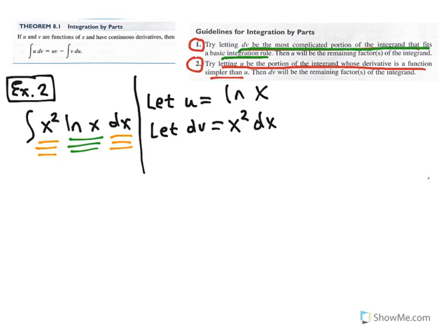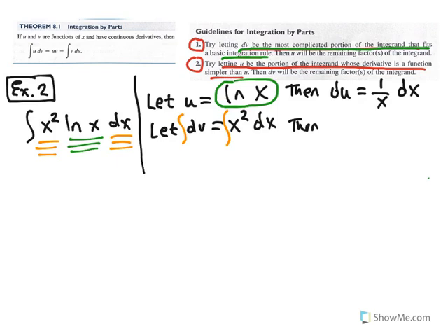So now we're going to find du and v. So then du, I know the differentiation rule for natural log is just 1 over x. So I have 1 over x dx for du. And to find v, you integrate both sides here. So when you integrate the left side, you get v.